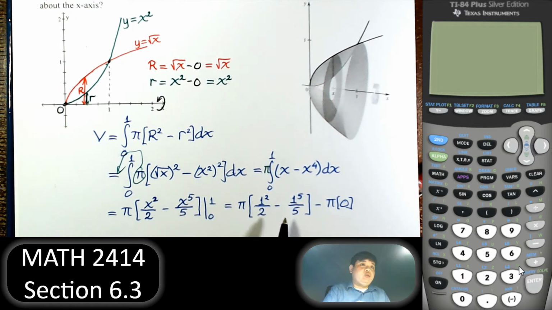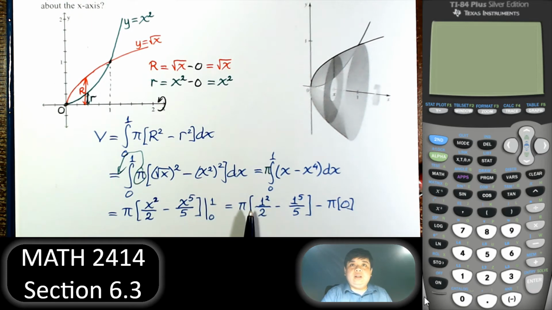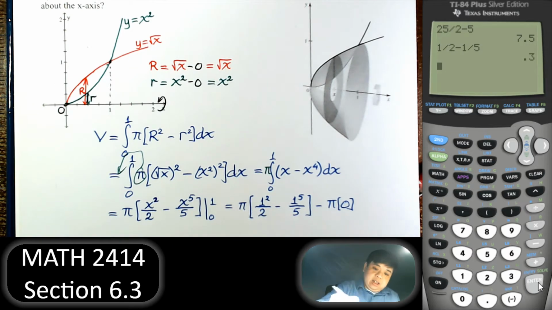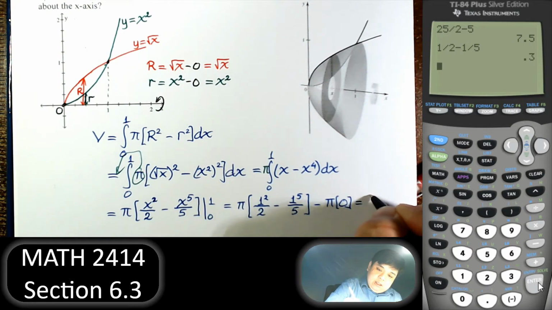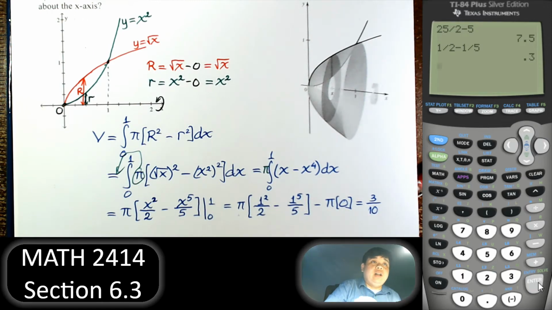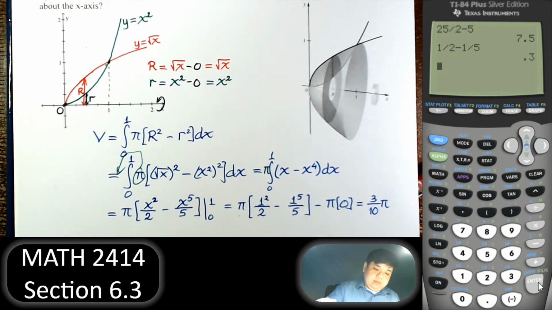So 1/2 minus 1/5 is pretty much 3/10. Yeah, 3/10. Don't forget there's a pi, so stick a pi to it.